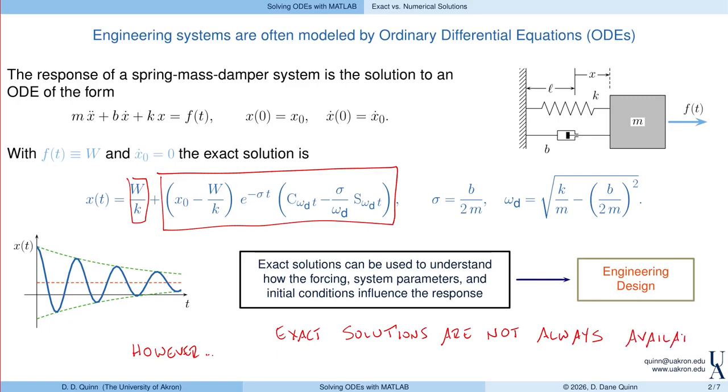At least in terms of sort of simple elementary functions like sine and cosine. Right? So at this point, we have to turn to numerical solutions. Right? Because again, we can't solve an equation. This one we can, of course, right? But there are some equations that we can't solve exactly. Right? So we have to have numerical solutions.